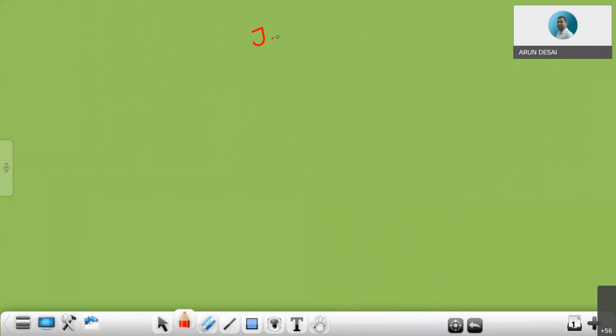Now next is the JK flip flop. Now what is JK? These JK are scientists, Jack and Kilby. They are working actually on the SR flip flop, and they are trying to remove the forbidden state from the SR flip flop. What is the forbidden condition?